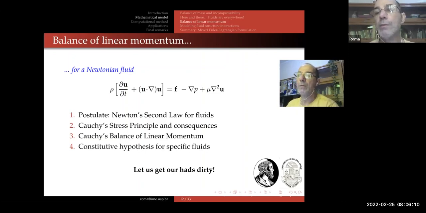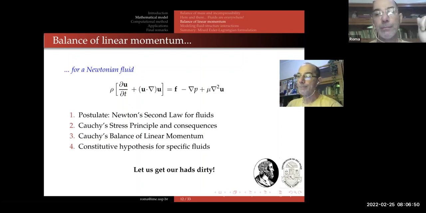We call them constitutive hypotheses: how the medium behaves, how it flows, and how the material it is composed of behaves. We assumed as an undeniable truth that Newton's second law applies to the medium, to the fluid. No matter how small the region that I consider, Newton's second law holds true.